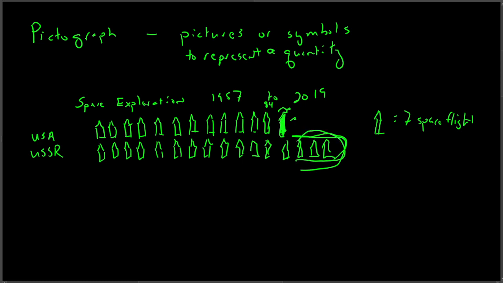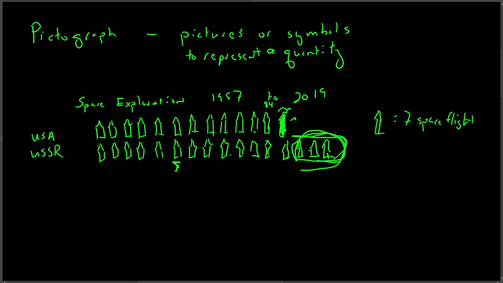And here we have at least 21 more because there's 3 full rockets here. And so pictographs are really nice. They give visual information quickly without worrying about exact quantity.